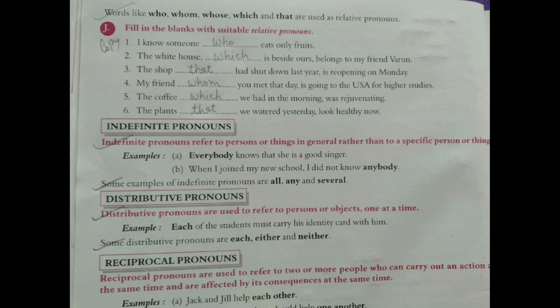Next type of pronoun is distributive pronouns. Distributive pronouns are used to refer to persons or objects one at a time. Example: each of the students must carry his identity card with him. Some more distributive pronouns are each, either, and neither.